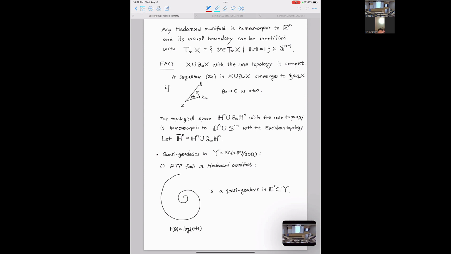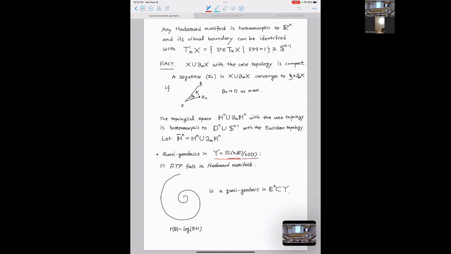For example, take Y to be the symmetric space associated to SL3R. If you quotient SL3R by SO3, you get a 5-dimensional symmetric space, with a symmetric Riemannian metric whose sectional curvature is non-positive.